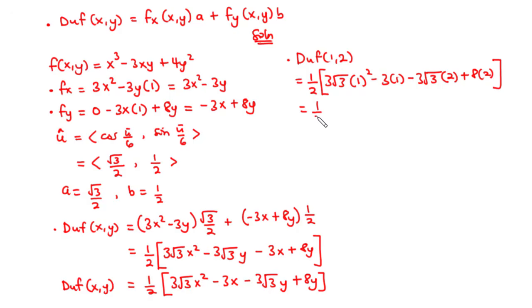So we have 1 over 2 on the outside. This becomes 1 squared is still 1, so we still have 3 root 3 minus 3 minus 3 times 2 is 6, so 6 root 3, and then this becomes 16.